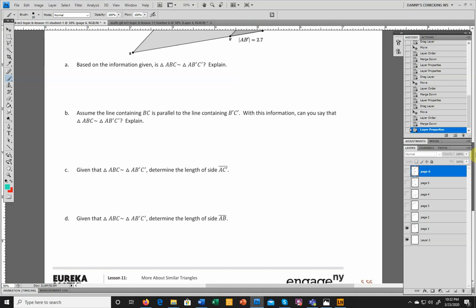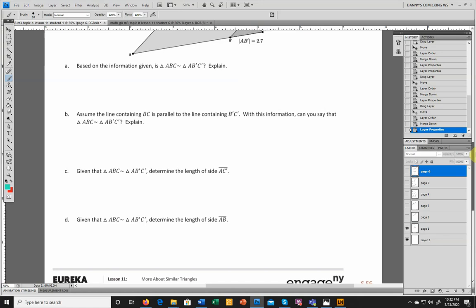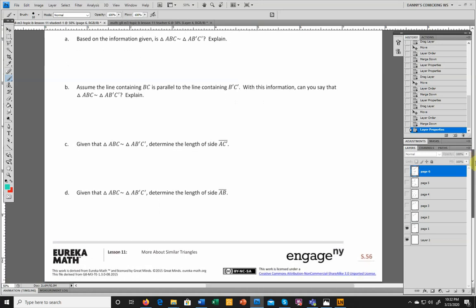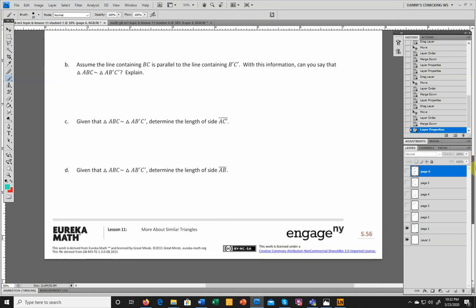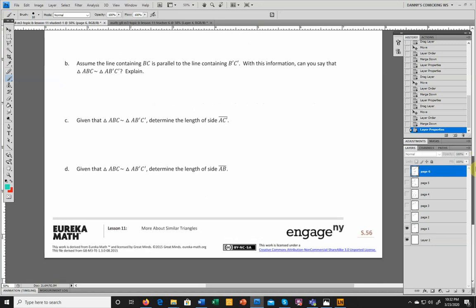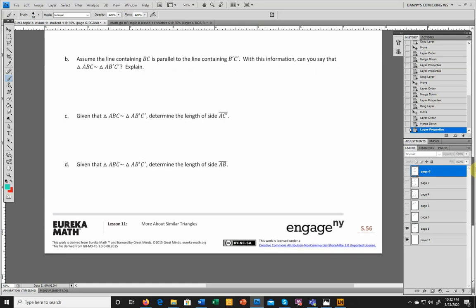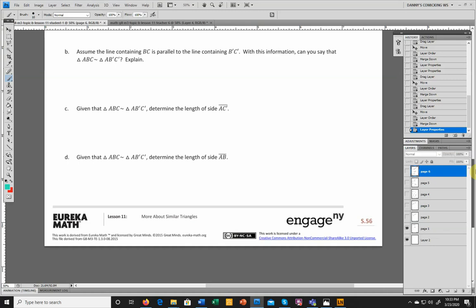With this information, can you say that ABC is similar to AB prime C prime? Explain. Letter C says, given that ABC is similar to AB prime C prime, determine the length of AC prime. And D says, given that ABC is similar to AB prime C prime, determine the length of side AB.